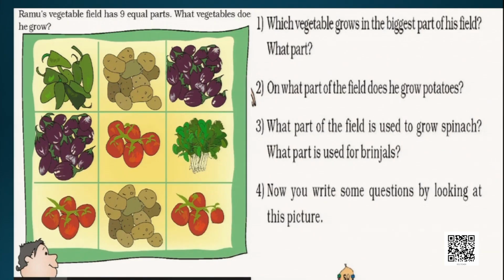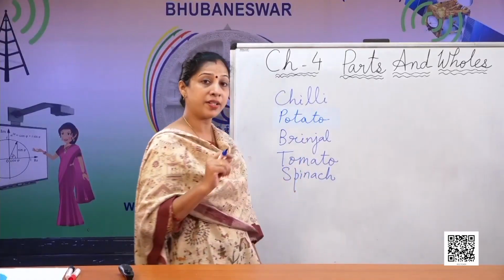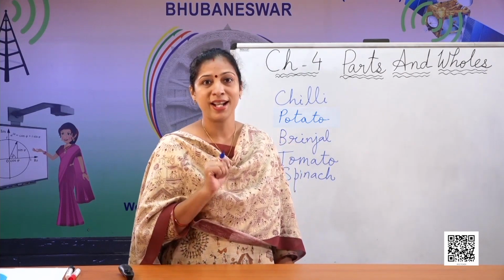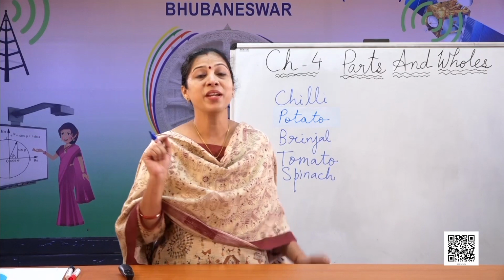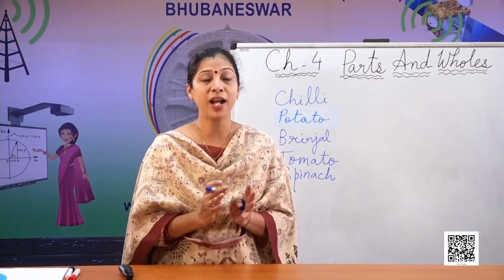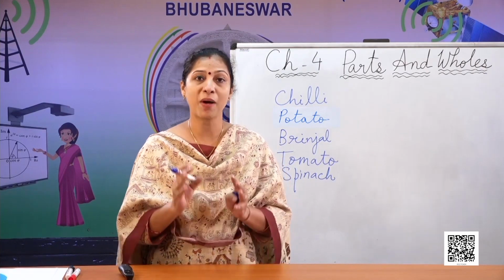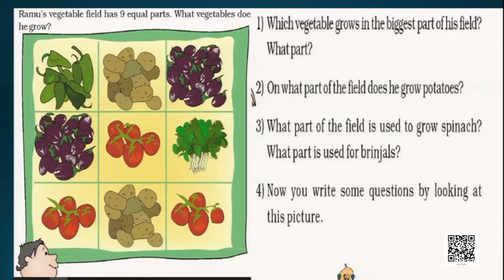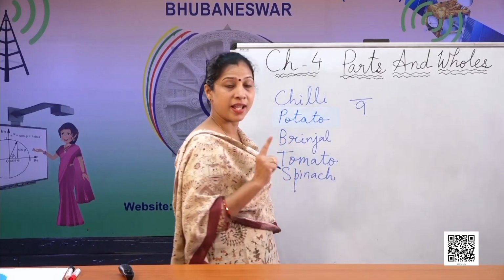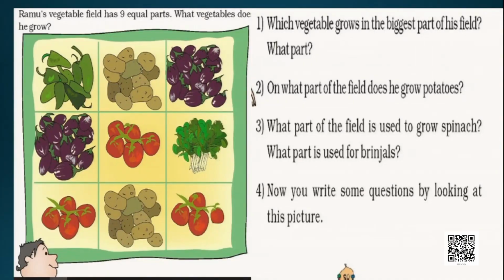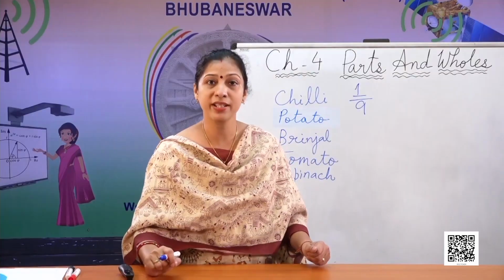So can you find out what is the part of that field on which chili is grown? Yes, I had told you in the last episode also, we have to find out from the whole. The part divided by whole is the part taken out of the whole. So now the whole field is divided into 9 parts and chili is grown in only 1 part. So you can find out yourself by counting the parts.